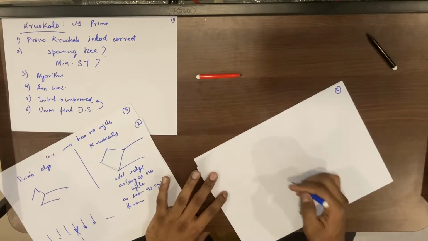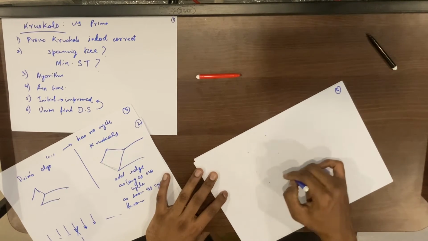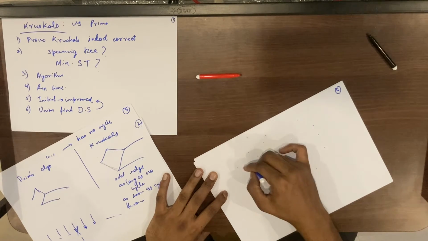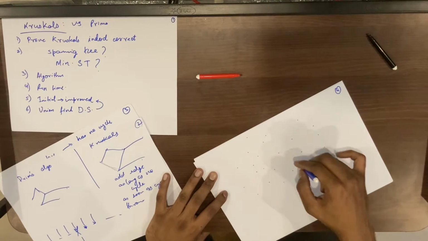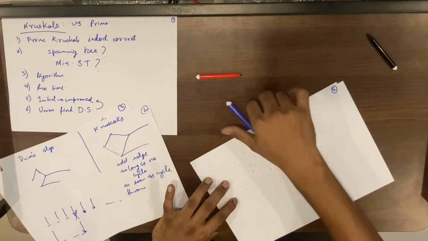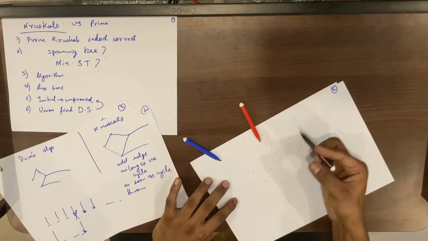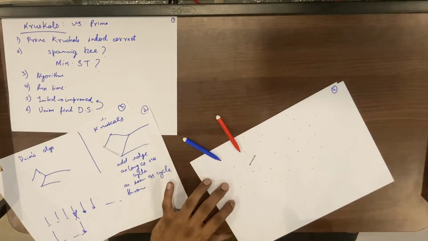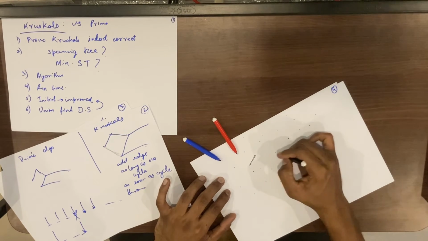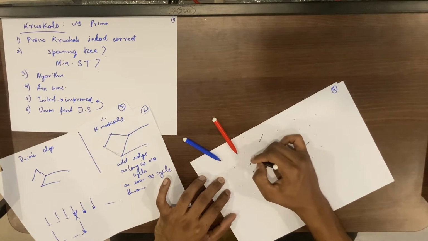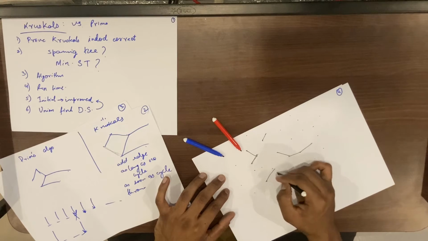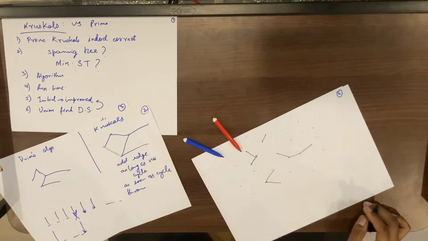So let's say we have a graph like this, let me create a few points, and this is how Kruskal's algorithm starts. Let's say the first edge that Kruskal's algorithm added was this one, then the next was this one, then this one, and perhaps this one, and now we freeze.